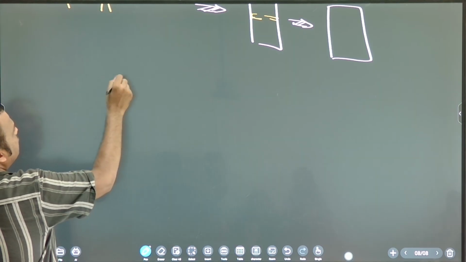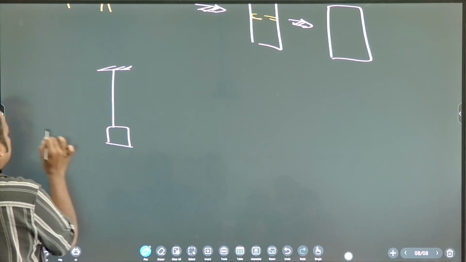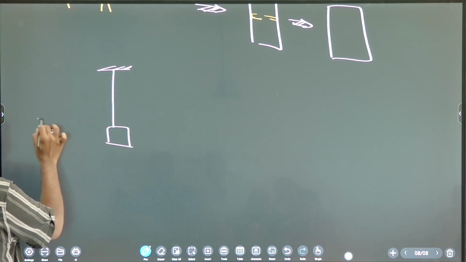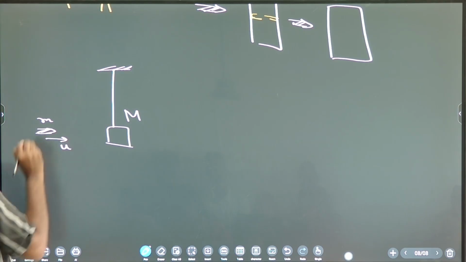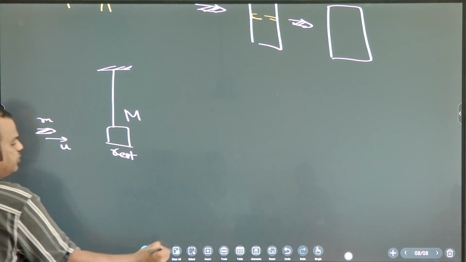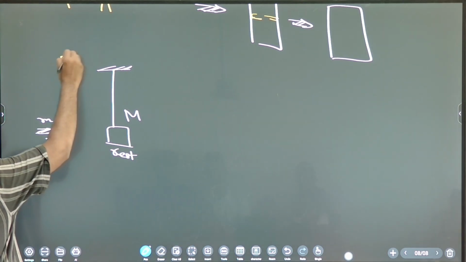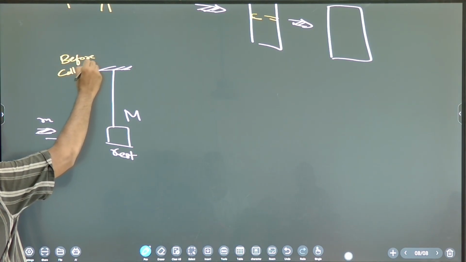So let's draw a diagram, that is better. Suppose this is the block, this is the bullet. Mass of bullet m, mass of block capital M, velocity of bullet u, block is at rest. Note down, this is before collision.